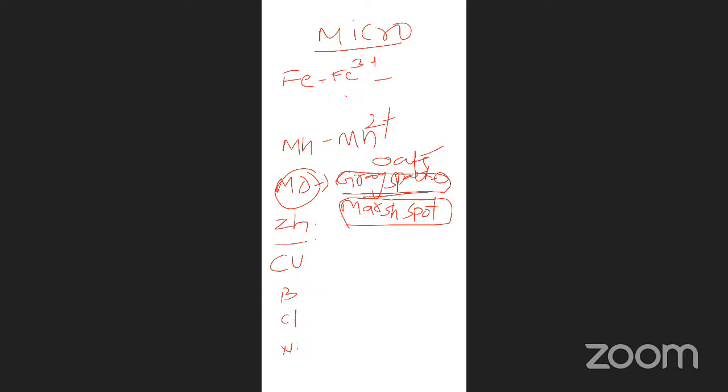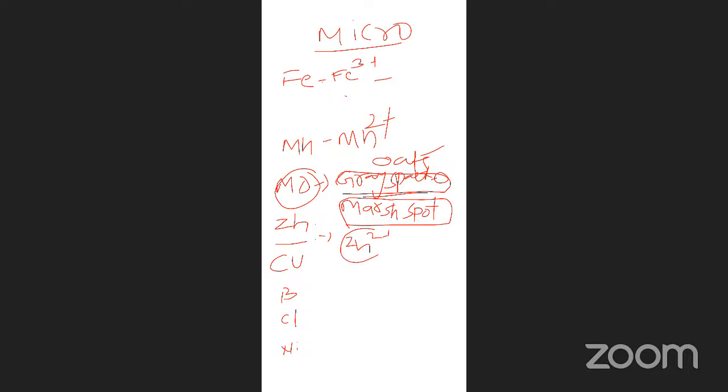Zinc. Next one, zinc. Plants obtain zinc as Zn2 plus. It activates various enzymes, like manganese. It is needed in synthesis of auxin.